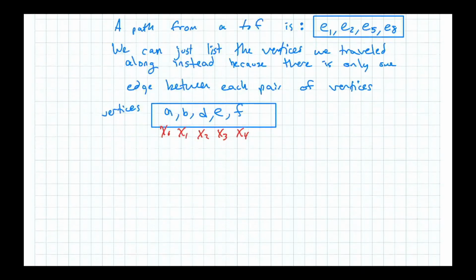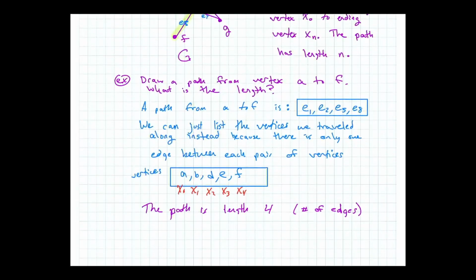So there's our path listed 2 different ways, and we could say the path is length 4, which is the number of edges, or 1 less than the number of vertices. Okay, so that's what a path is.